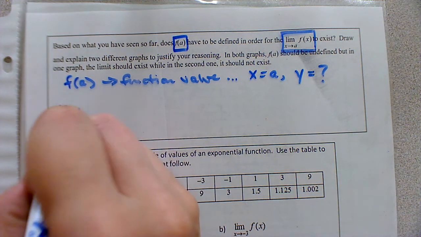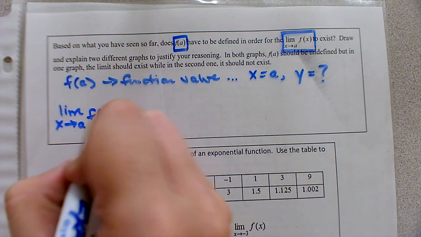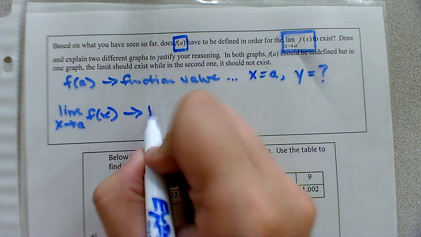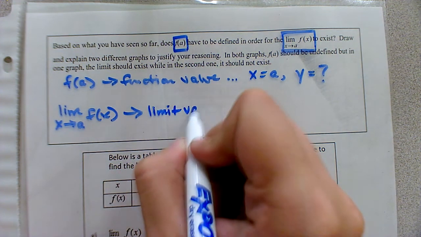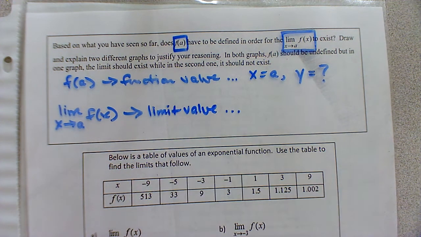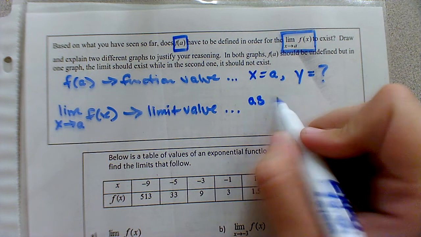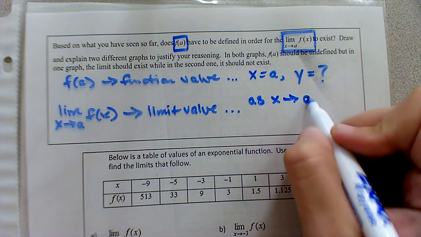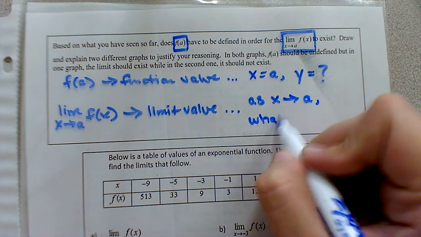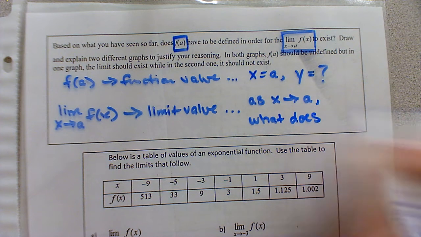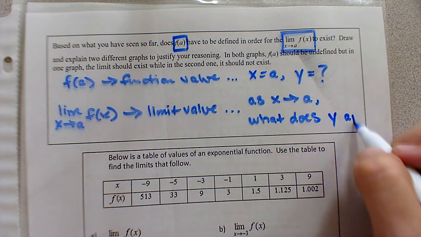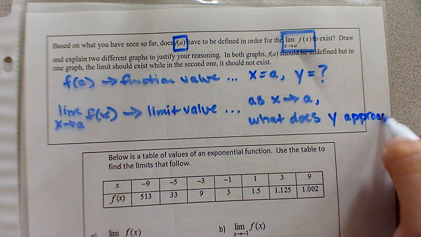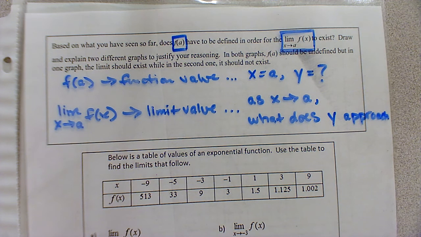The limit notation, though, that we're going to be using quite a bit this year, is asking us for a limit value, and this is about what you are approaching. So as x gets closer and closer to a, what does y approach? What is the y value getting closer and closer and closer to?